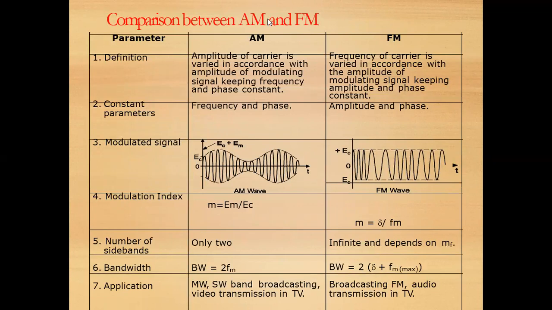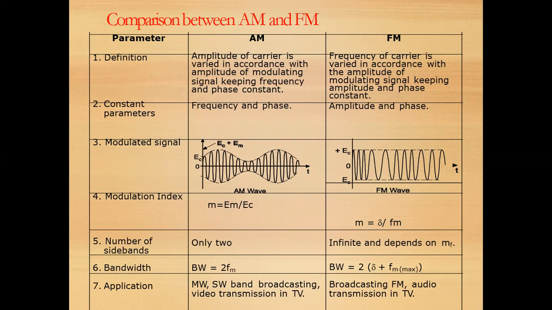We have discussed amplitude modulation and frequency modulation in our previous sessions. Coming to the differences between amplitude modulation and frequency modulation, first of all, the parameter is the definition. If it is amplitude modulation, the amplitude of the carrier will be varied. If it is frequency modulation, the frequency of the carrier will be varied.